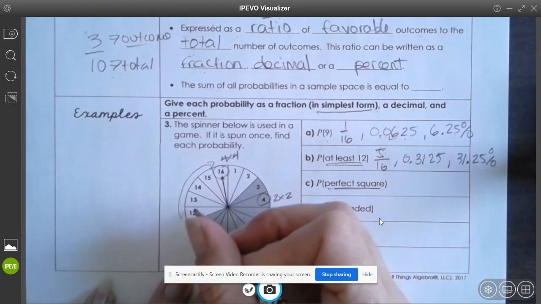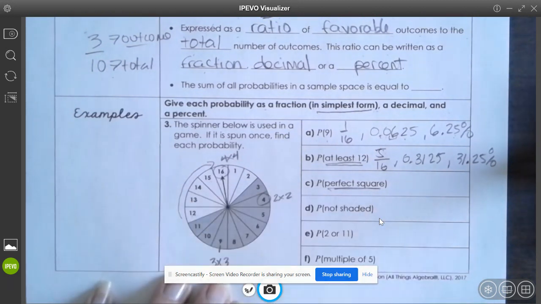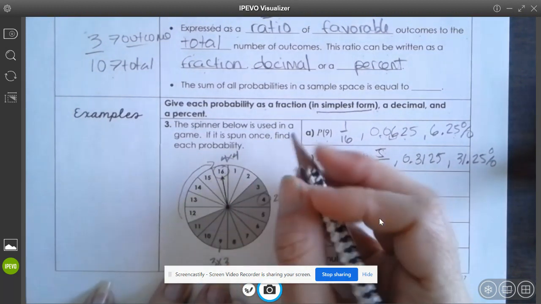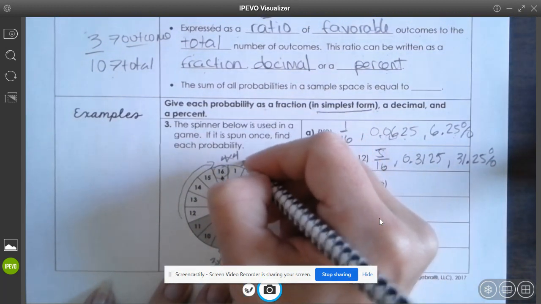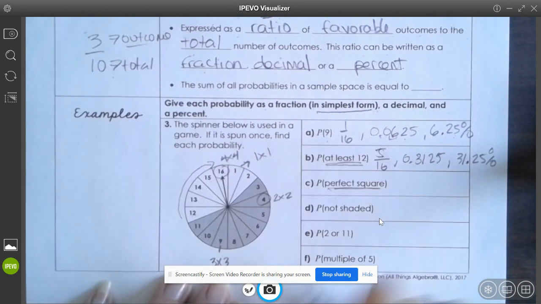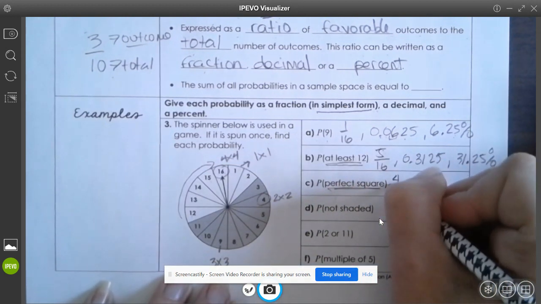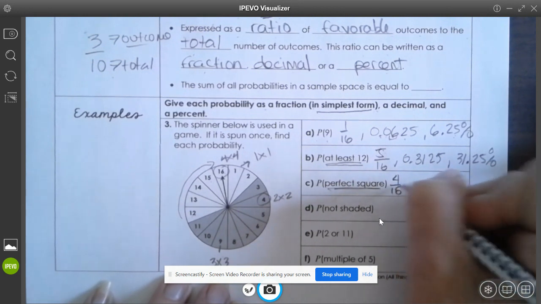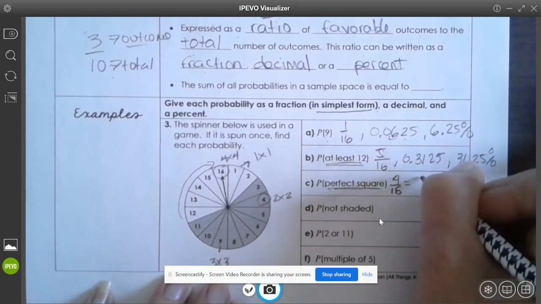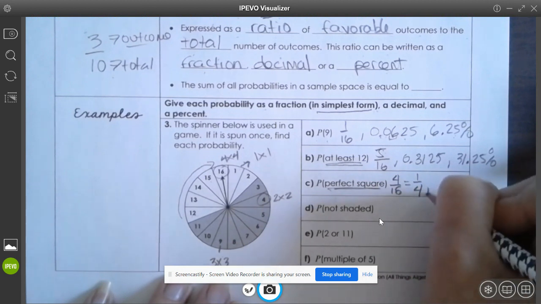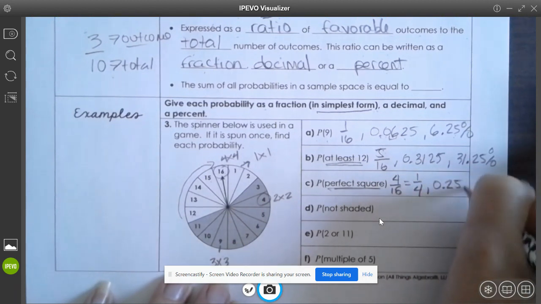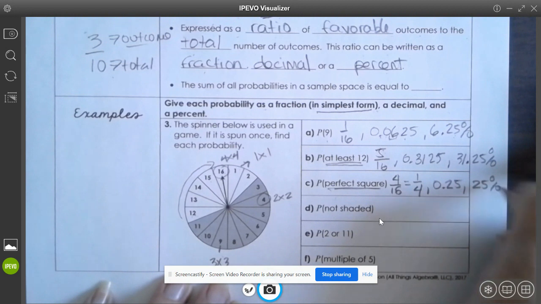I think that's it, right? One times one, I guess. 1 times 1, so that's 4, right? So 4 possible outcomes. So that's 4/16, which you can divide. 4 goes into 16, so that's 1/4, which is the same thing as 0.25, which is the same thing as 25%.